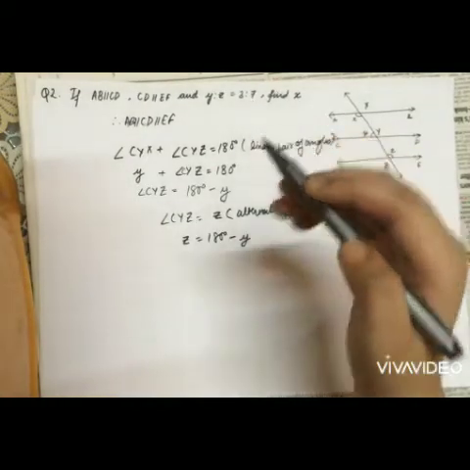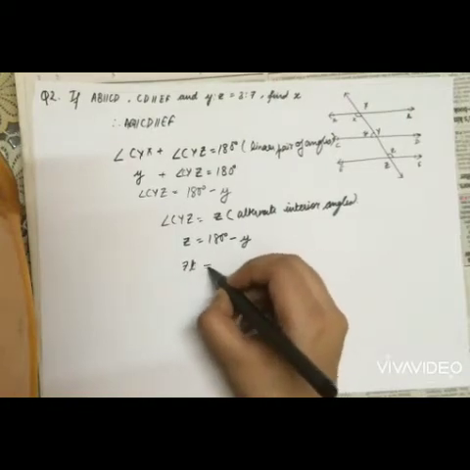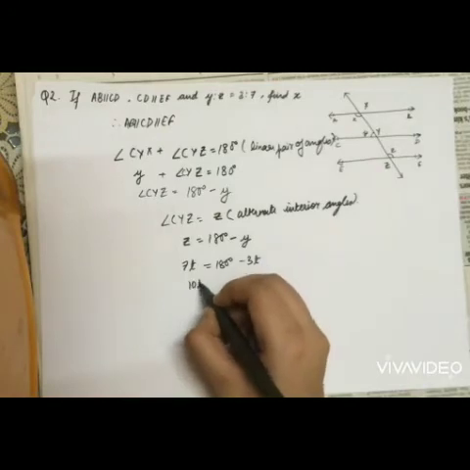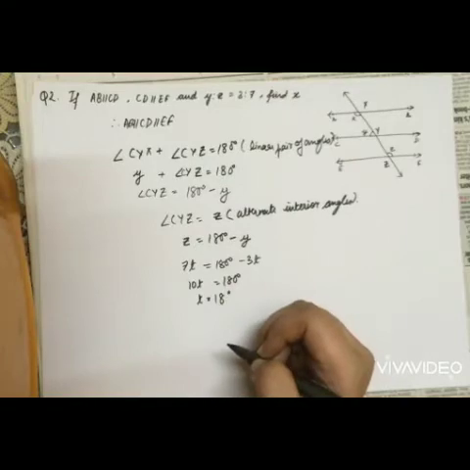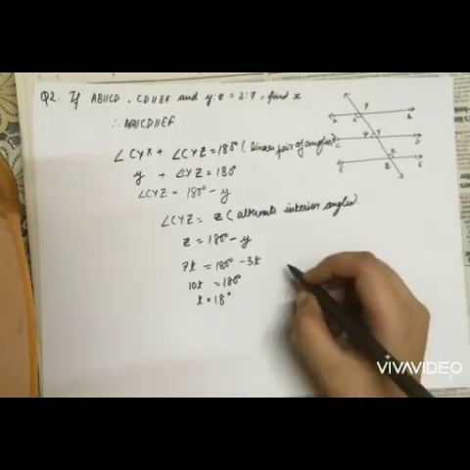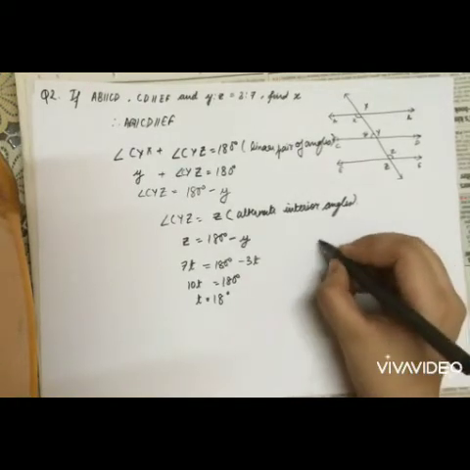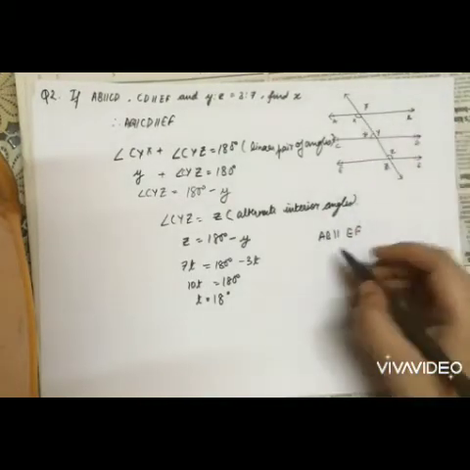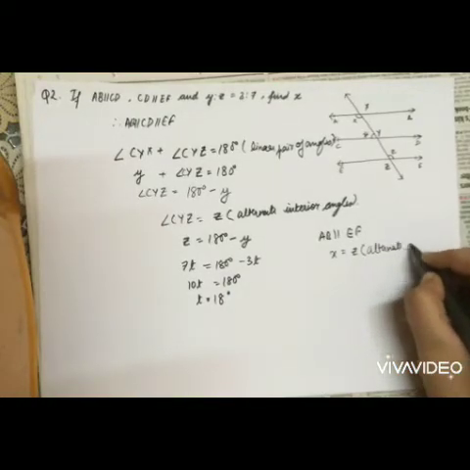Now they are given in ratio, so we will write it as 7t is equal to 180 degree minus 3t. Then it will become 10t is equal to 180 degree, t is equal to 18 degree. Now we have to find x. So we can say that AB is parallel to EF. Then x is equal to z because of alternate interior angles.